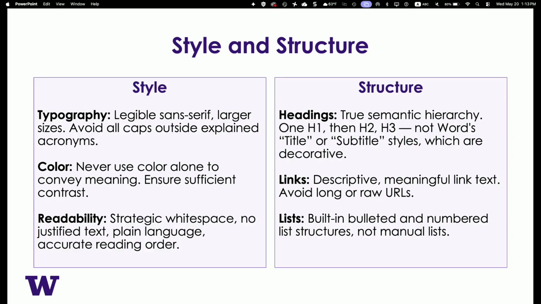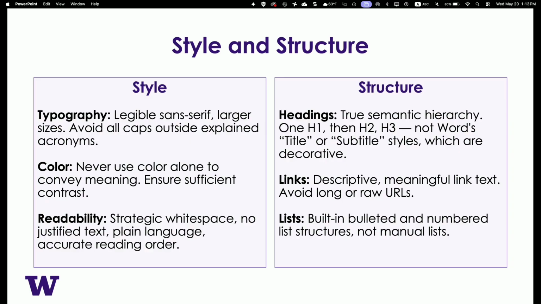Avoid all caps outside of acronyms that have been explained. Color, never use color by itself to communicate meaning. Very, very important. Color is great. You can use it, but don't use it by itself, right? Make sure also there's sufficient contrast between the font and the background, or within images, so people can distinguish.